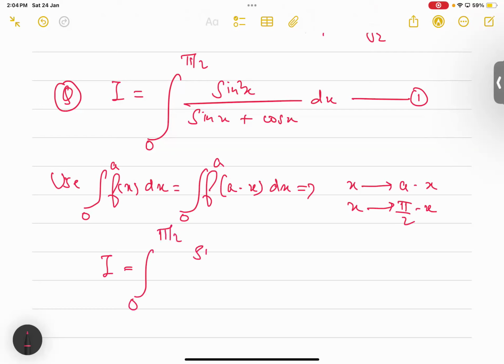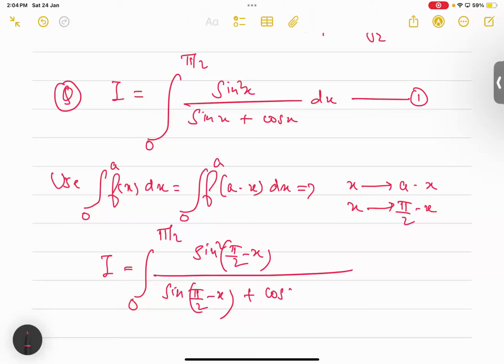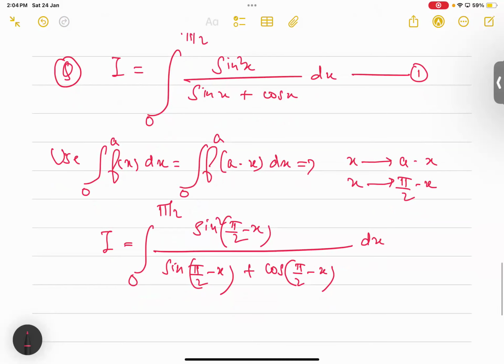Integral 0 to pi by 2 of sin square of pi by 2 minus x upon sin of pi by 2 minus x plus cos of pi by 2 minus x, dx. What is sin pi by 2 minus x? So this is cos x plus sin x.